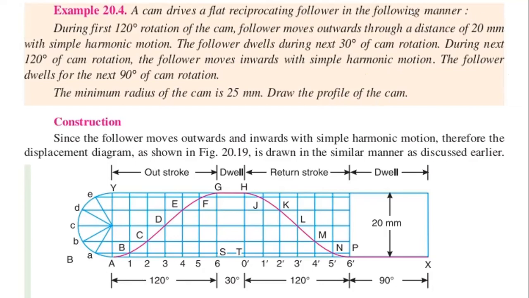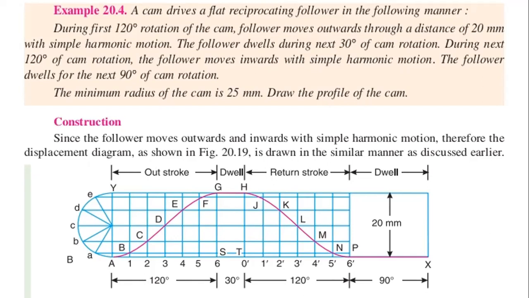The information is given below. During the first 120 degrees of rotation of the cam, the follower moves outward through a distance of 20 mm with simple harmonic motion.